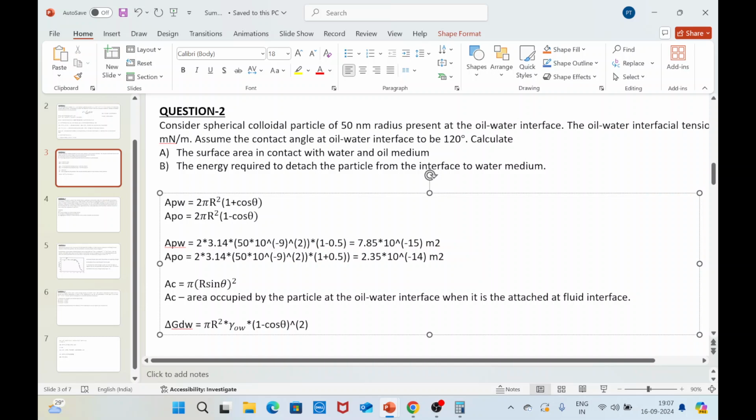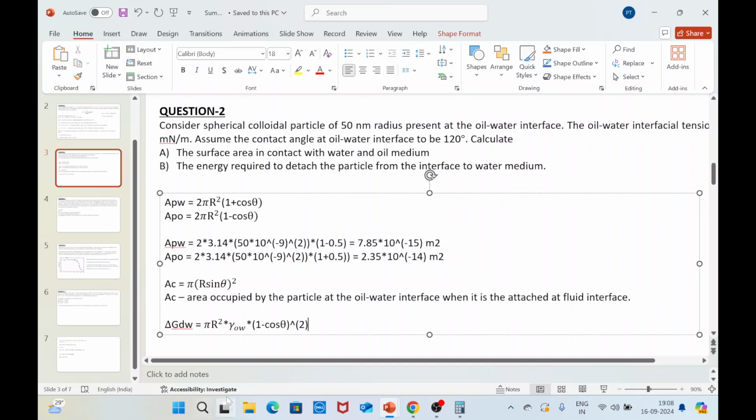This is the expression for the energy that will be required to detach your particle from the interface to the water medium. Here R again is the radius of the spherical colloidal particle that you are keeping under consideration.